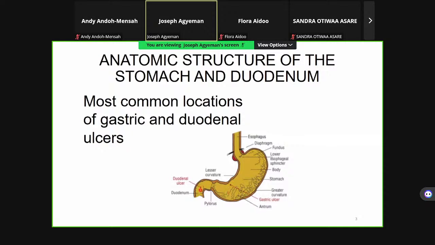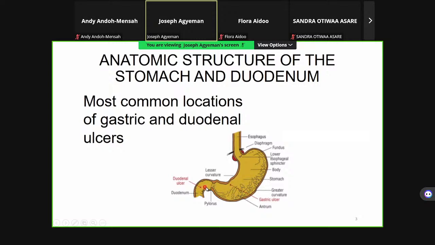So you can see two areas, one within the duodenum and another one within the stomach, are colored red. Normally, these are the areas where most commonly persons who suffer PUD, their sores will be found. So around the lesser curvature here of the stomach and the proximal aspect of the duodenum.